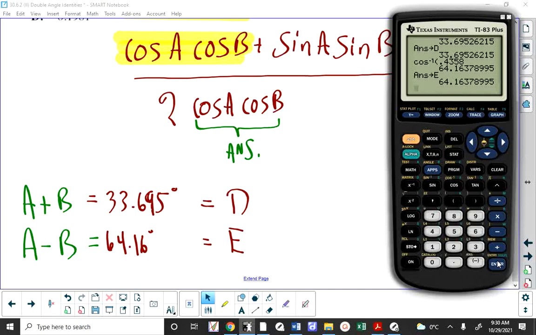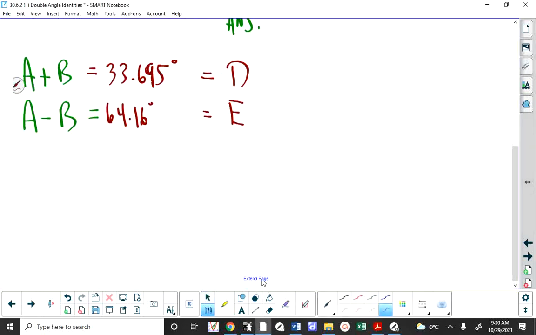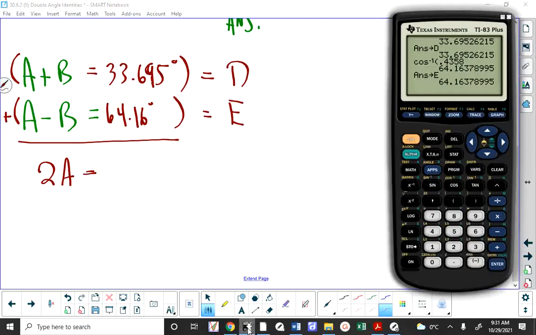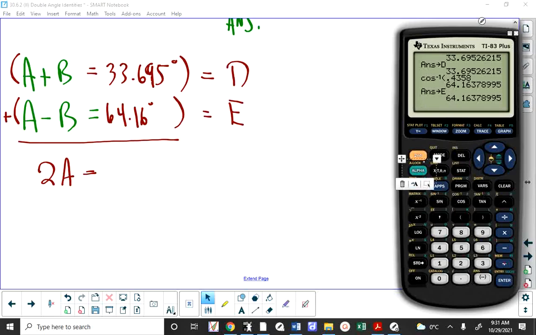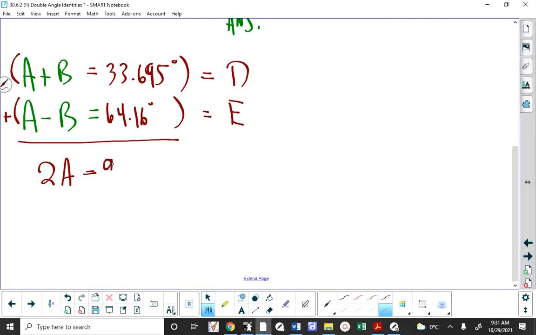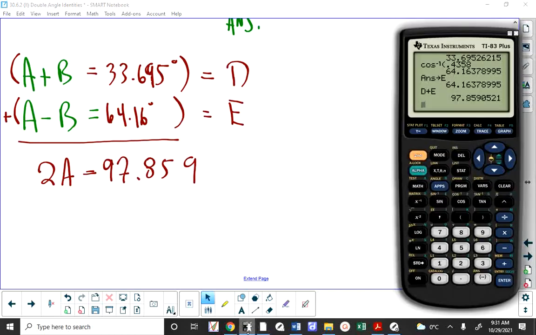Because now I have a system of equations that has A and B in it, and it's set up very nicely that if I add them, then I'm going to get 2A equals whatever the sum of these two numbers is, which is D plus E. So this 97.859 is 2A, and now all of a sudden I can divide that by 2.